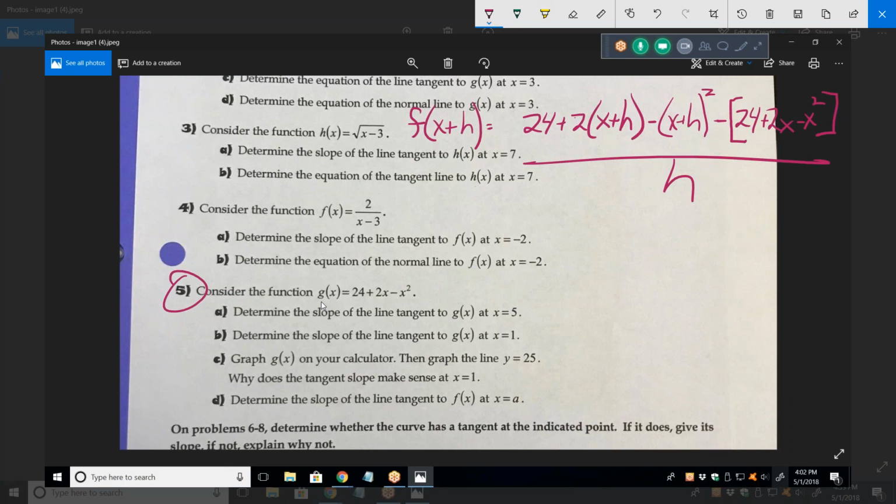Now all you have to do is expand the top. And you don't even have to worry much. Remember I said everything that doesn't have an h in it is going to disappear. So that 24 is going to disappear. That 2x is going to disappear. I'm still going to have a 2h.